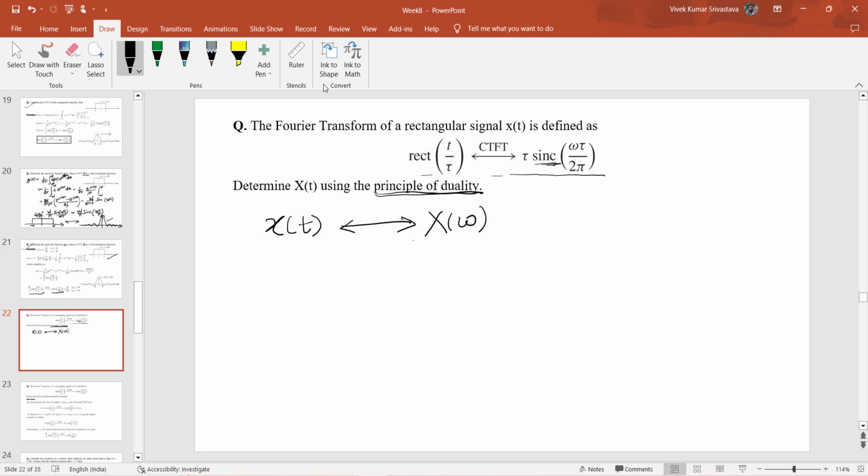Okay, so to evaluate the capital X of t, what we have to do, we have to take x of minus omega and multiply by 2 pi. Okay, so this is the duality property.